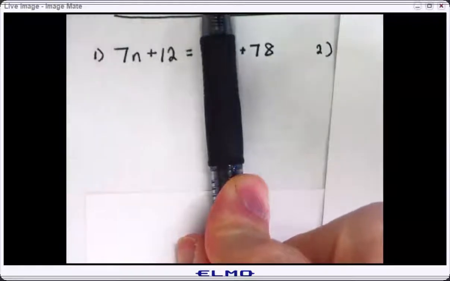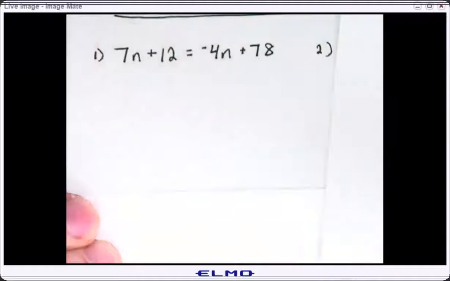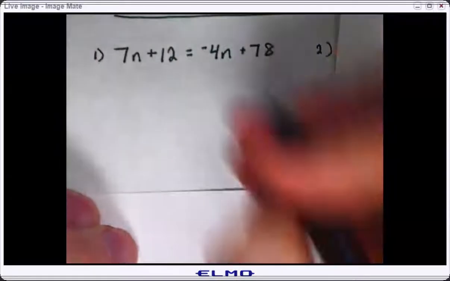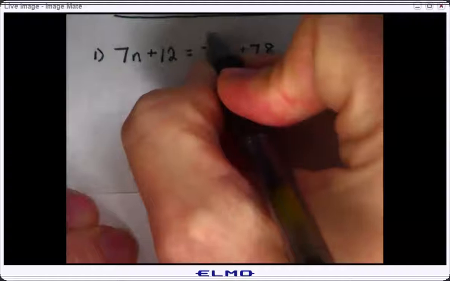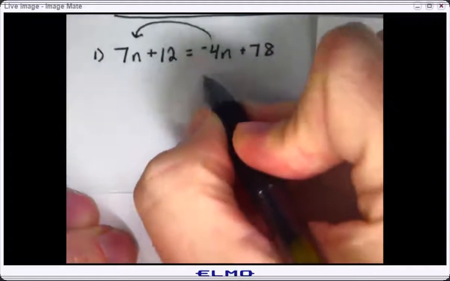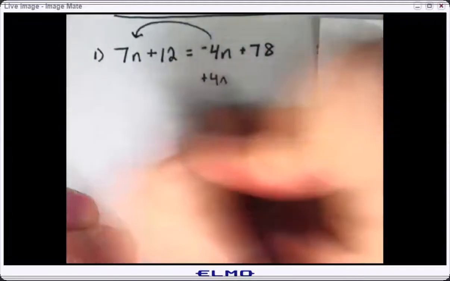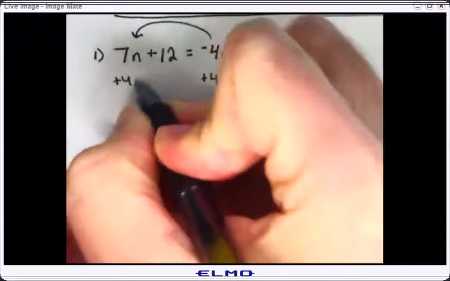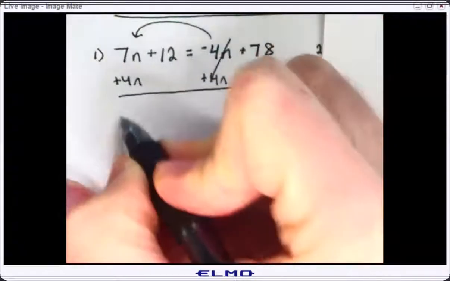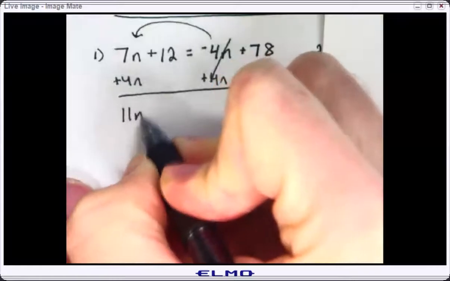On this particular problem, it really doesn't matter, but sometimes it saves time by always putting it on the side that results in a positive answer. So I've just gotten in the habit of doing that. So I'm going to move this over here, and I'm going to do that by adding 4n to both sides. Negative 4n and positive 4n goes away and leaves me with 11n.